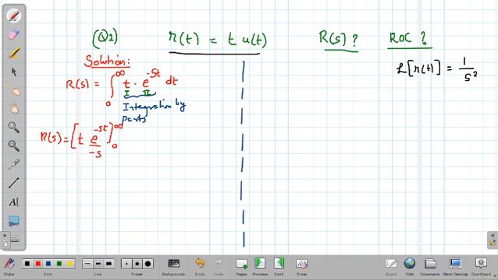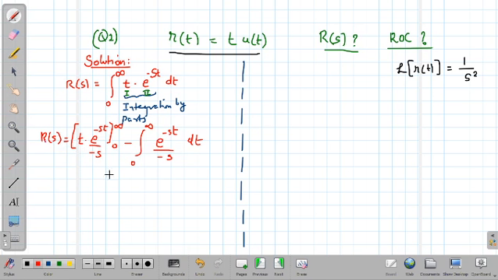Minus the integral from 0 to infinity of the derivative of the first term, which is 1, since the derivative of t is 1, times the integral of the second term, e^(-st) divided by minus s, dt. Okay, so this is integration by parts: first term times integral of second, minus integral of derivative of first times integral of second. So this is R(s).